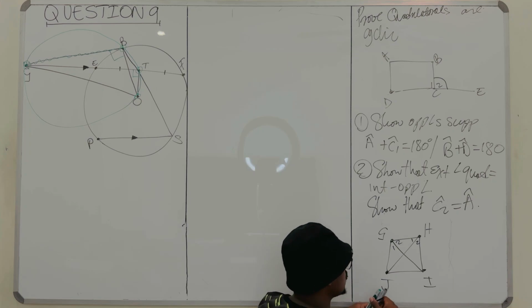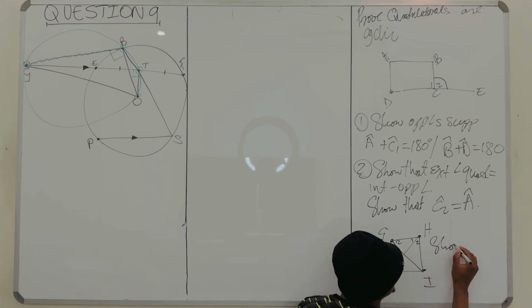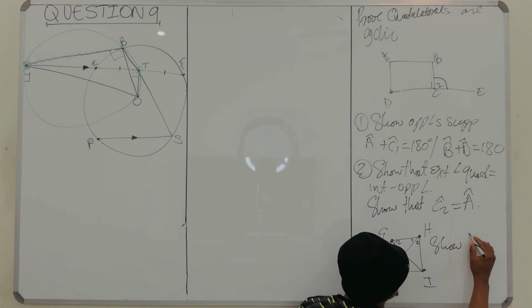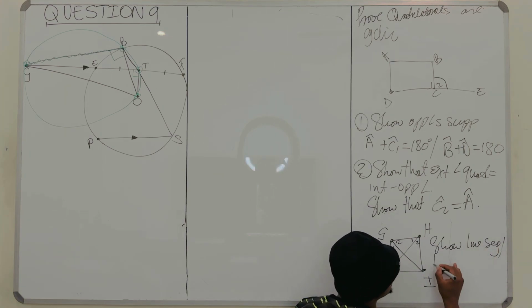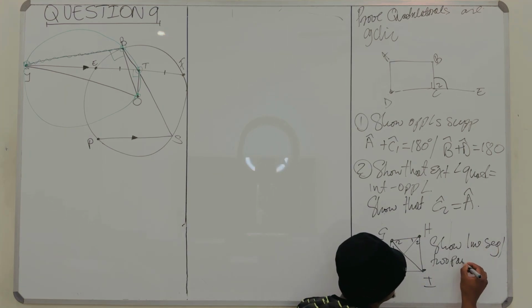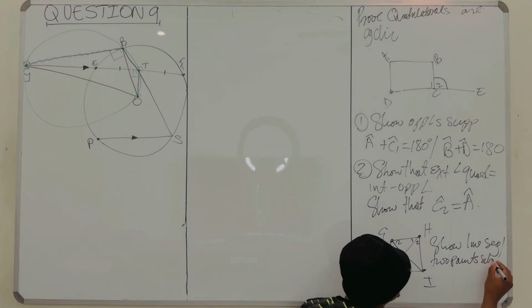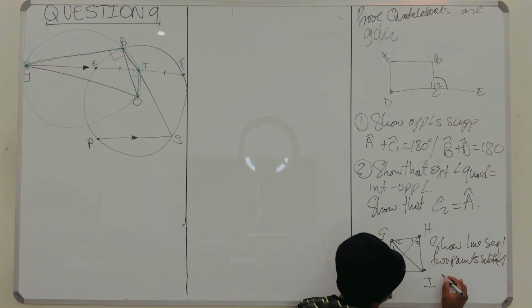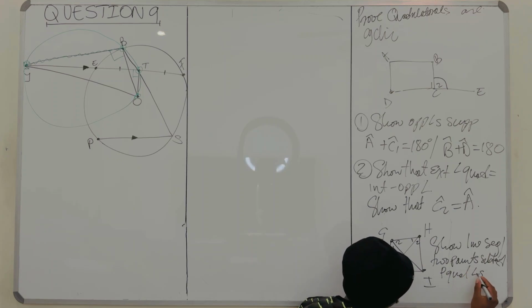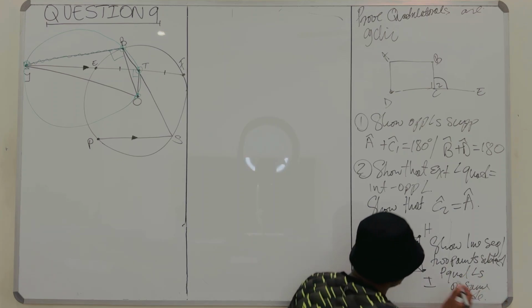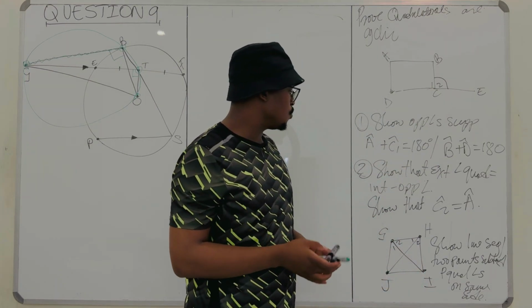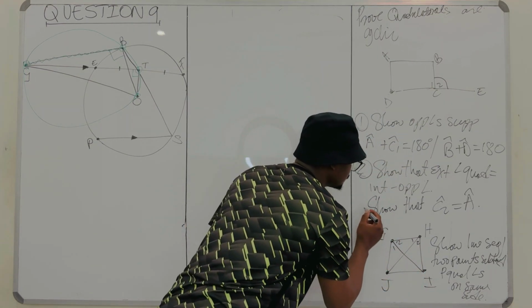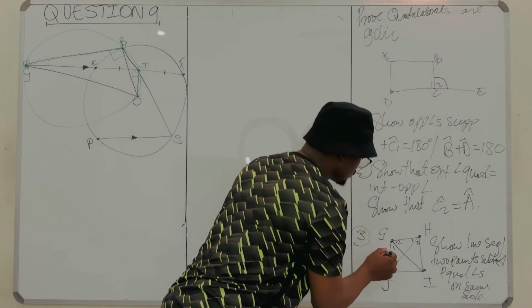So you must show that a line segment or 2 points subtend equal angles on the same side. If you can show this, this is the third way, then we will have shown that this thing is cyclic.